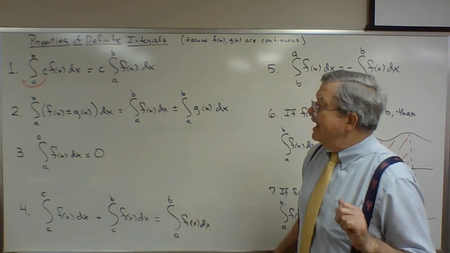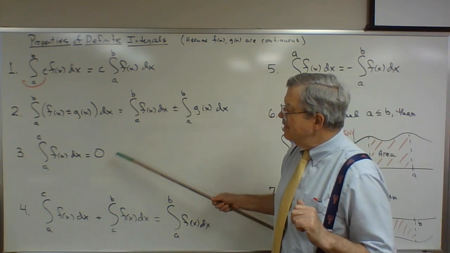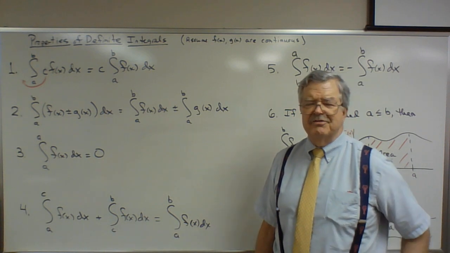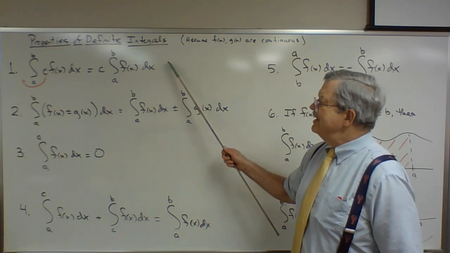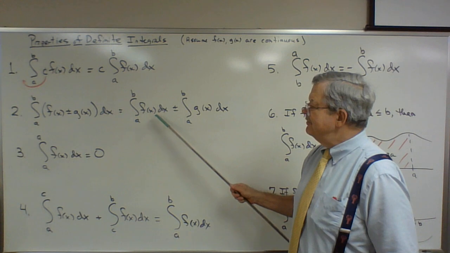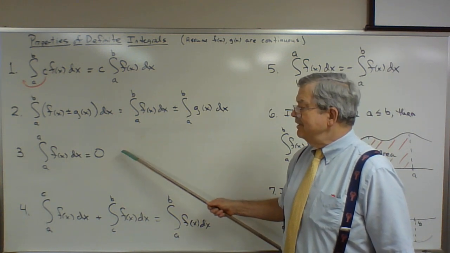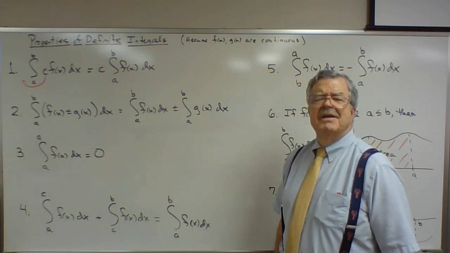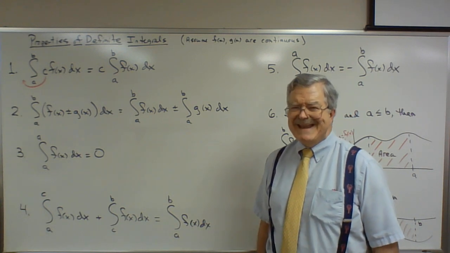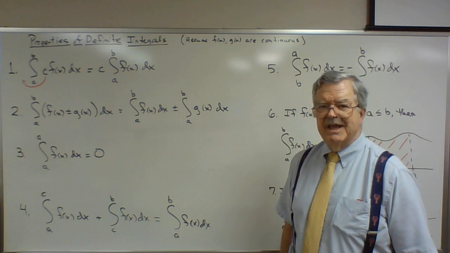By the way, I am going to look at each one of these properties and justify them. These two I'll give a very brief justification of. The other properties I will give a little bit more in-depth justification of.